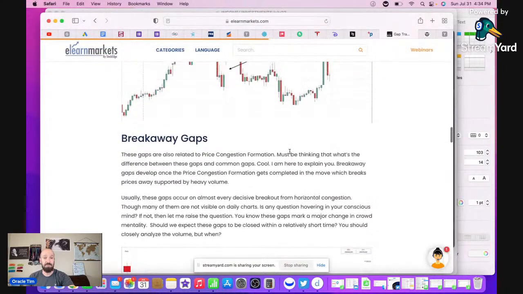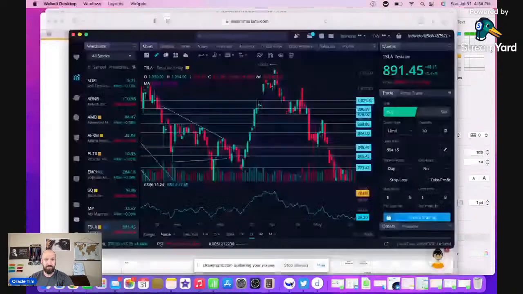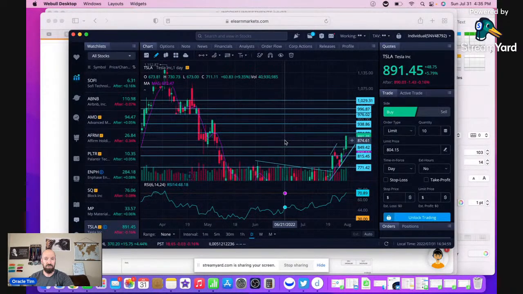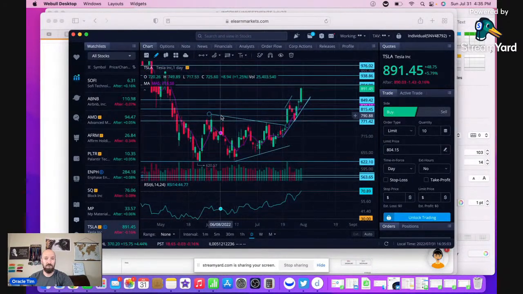Now, the breakaway gaps are similar to what we just saw recently with Tesla. Let me get to that. So looking at the Tesla chart here, I'll drag this up. This here was consolidation, and then we saw the breakaway gap from that consolidation.